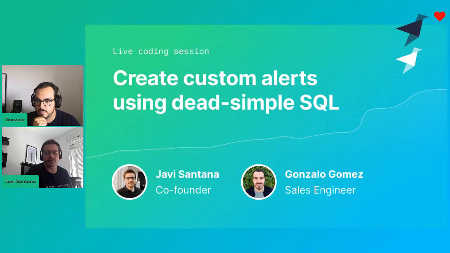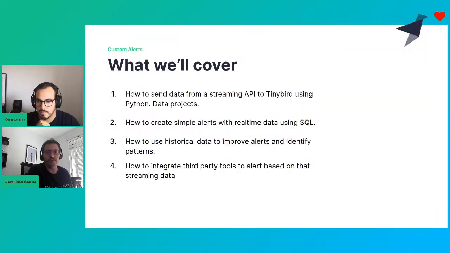I think it's better that you, Gonzalo, introduce what we are going to do, and I will do the pitch about the clients and where we use it. Absolutely. Sometimes we get asked about creating alerts, and we've done that in several projects. So we created this live coding session. The steps we will follow: subscribing to the Wikipedia streaming API, where every new change is registered, and we can consume that to create a tinybird data project.